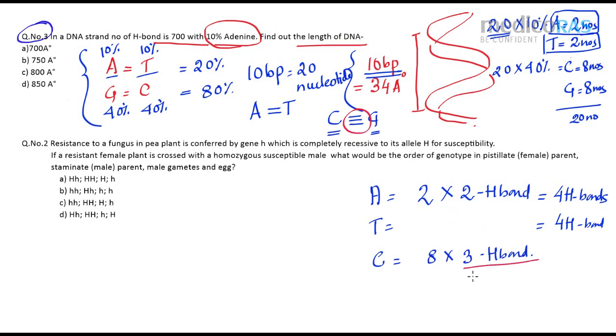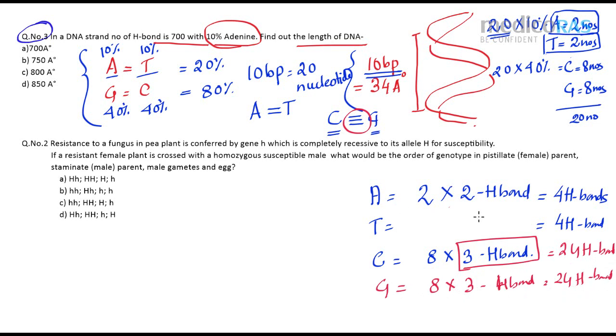So I have to write 3 hydrogen bonds here for one cytosine. So if I have 8 cytosine, how many hydrogen bonds will I have? 24 hydrogen bonds, right? Similarly for guanine also I have the similar concept, and therefore I will get 24 hydrogen bonds.